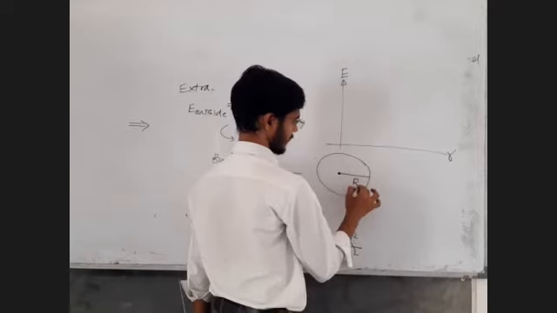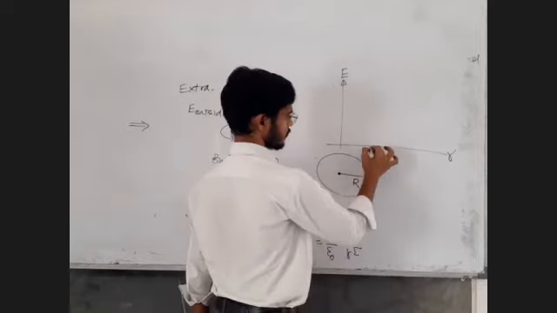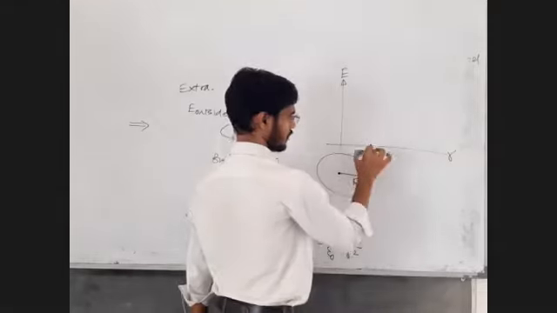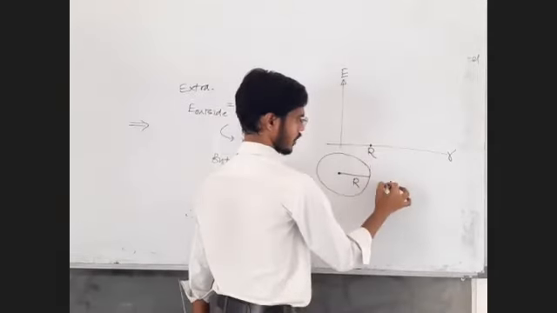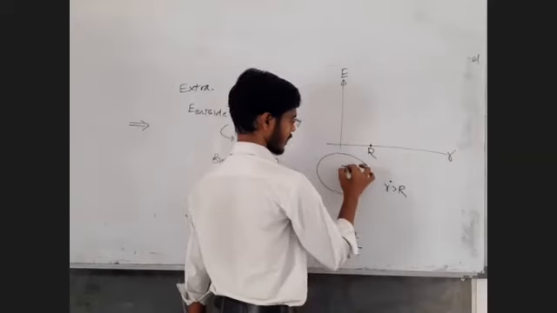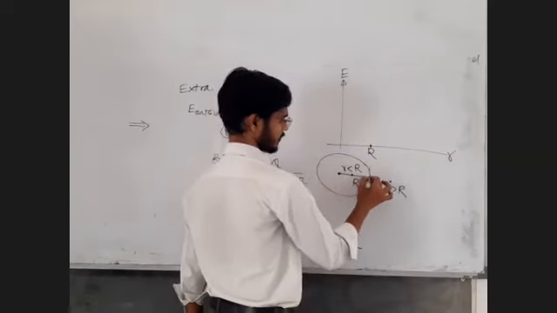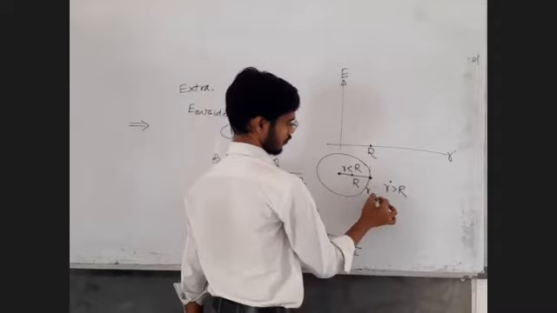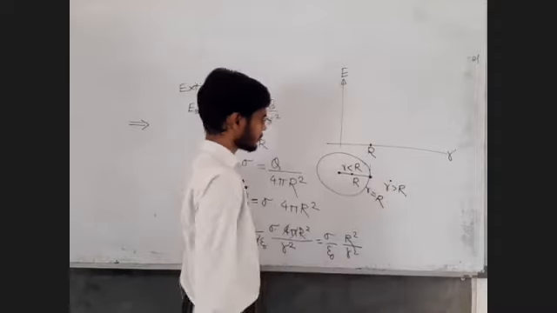This distance is capital R. Inside, small r is less than capital R; on the surface, small r is equal to capital R; outside, small r is more than capital R.